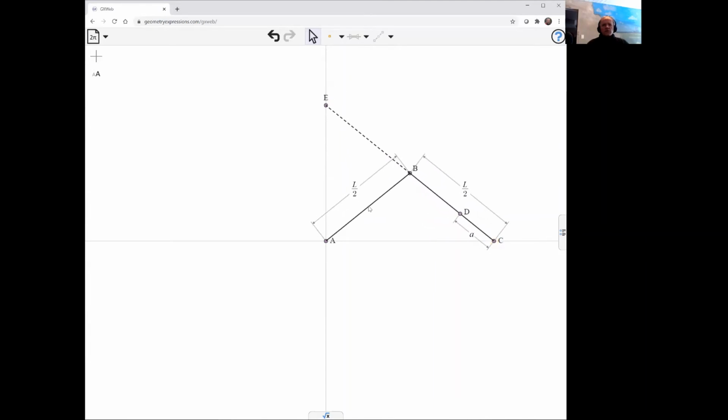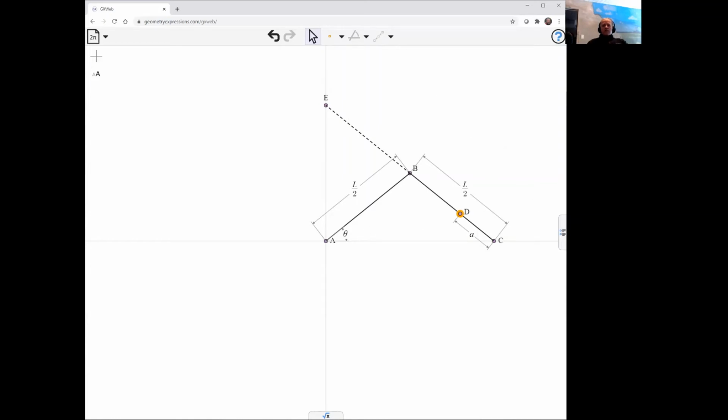Now we're going to drive this. Actually, let's just drive it with an angle. Put a theta in there. And so now we could look for the locus of D as theta varies.